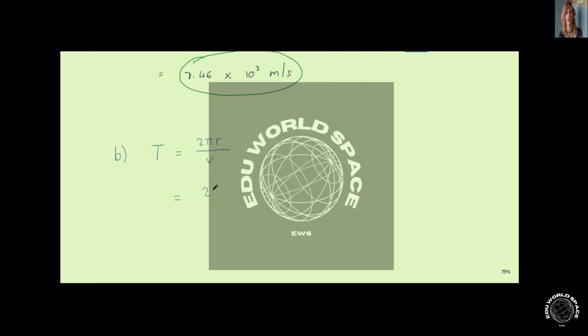And so this is 2 pi times 7.16 times 10 to the 6 meters, divided by the speed v, which is 7.46 times 10 to the 3 meters per second. And so calculating, we get the period of one orbit of the satellite to be 6,030 seconds, which is approximately 1.68 hours.